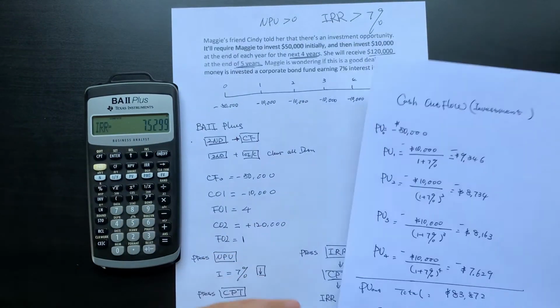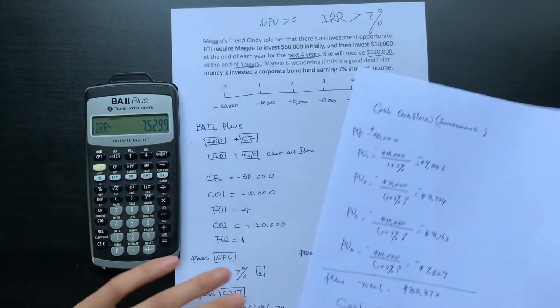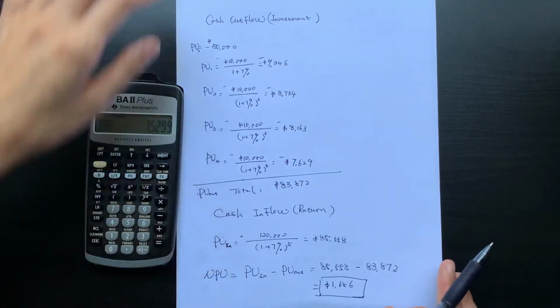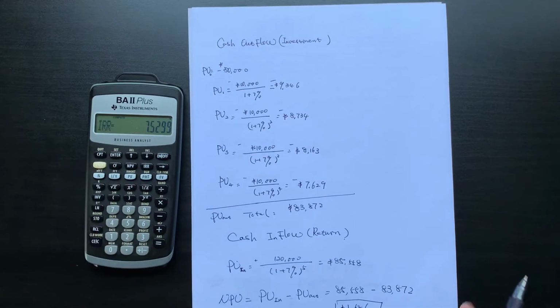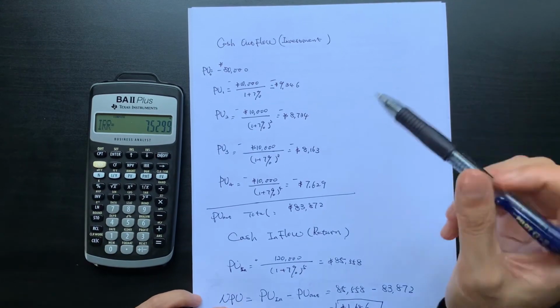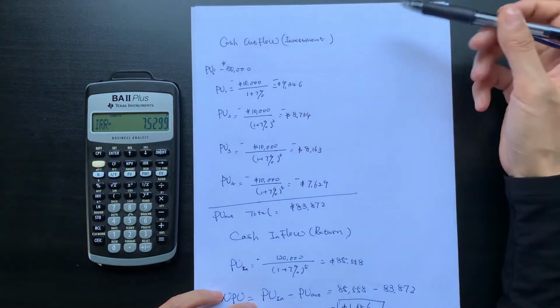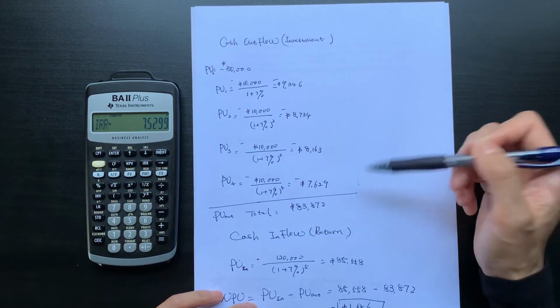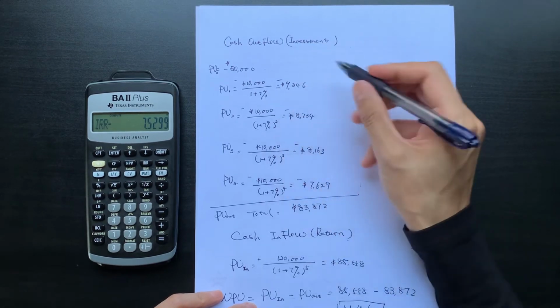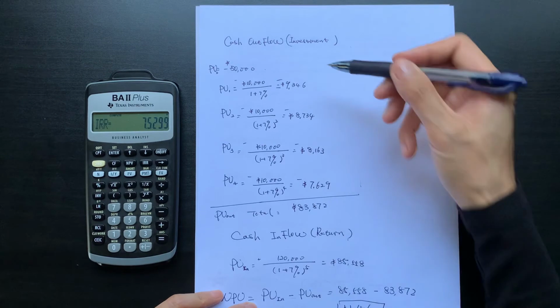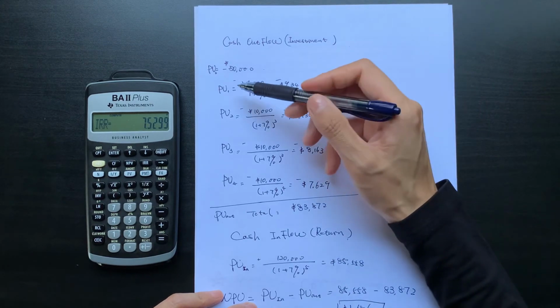Then if you want to double check your work, you want to know how this works. Initially you have a cash outflow. This is your cash outflow. All the $10,000 payments, you have to discount them back to the present.